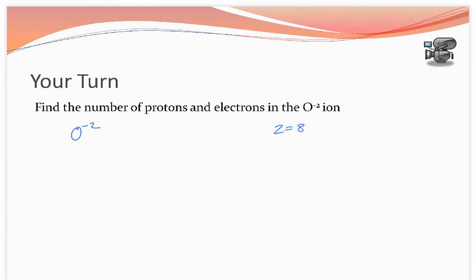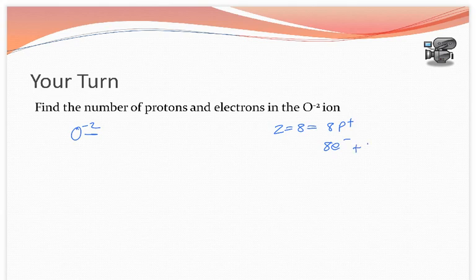So we have 8 protons. If it was neutral, we'd also have 8 electrons. But guess what? It's not neutral. We have a negative 2 charge. And since negative 2 charge is telling us that our atom gained 2 electrons, it gained 2 negative units.